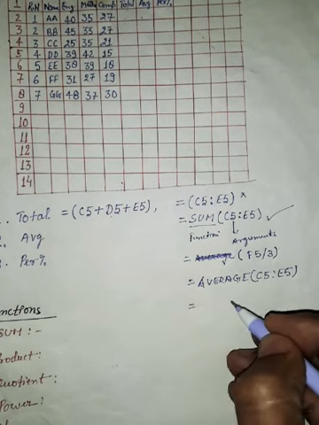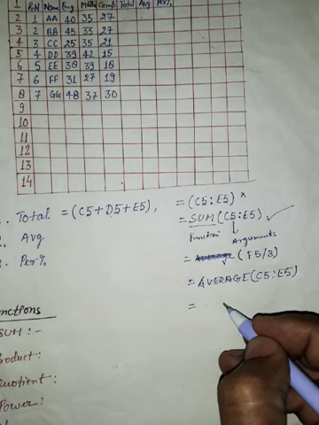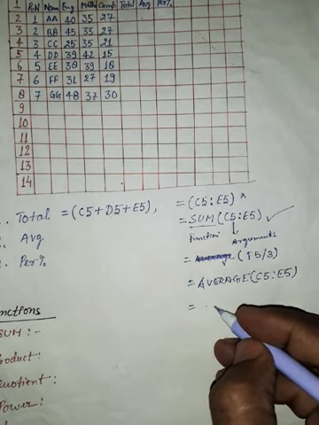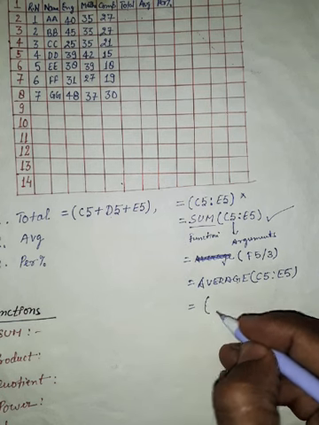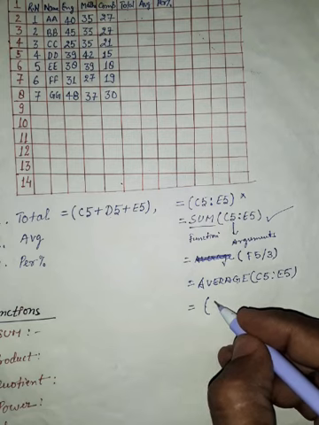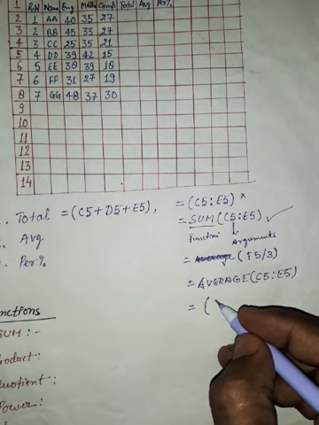Then we can say for the percentage, we use the formula, open the bracket here, we write here where we got the total, because percentage will be based on the total.